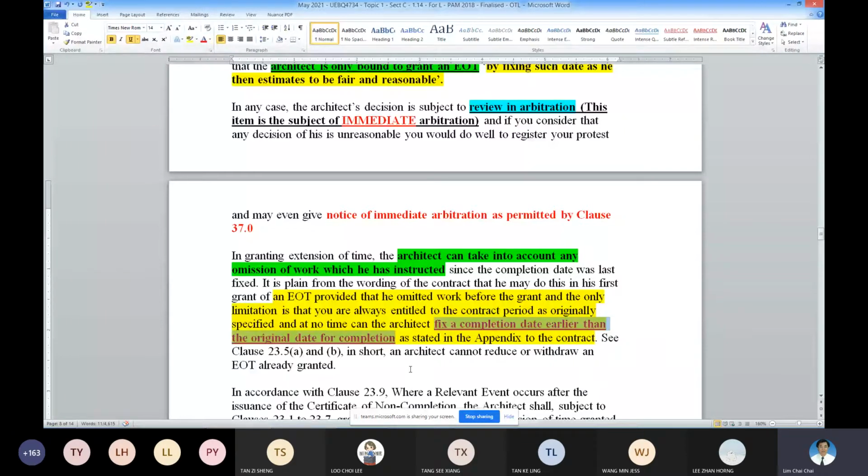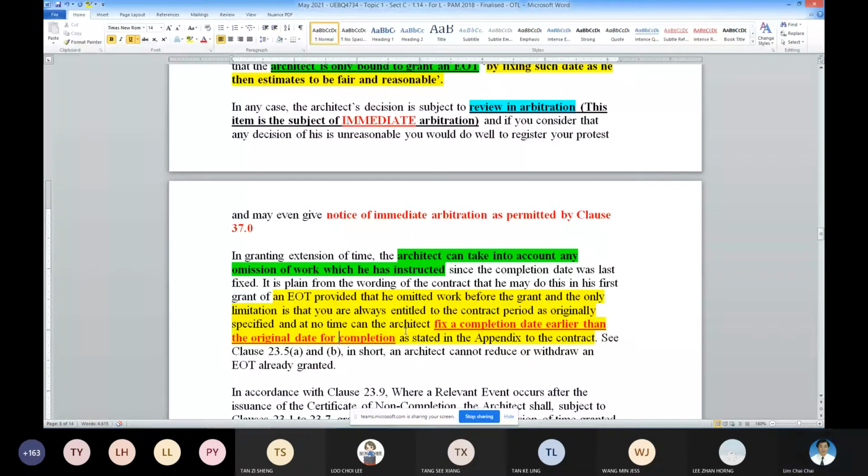Let's say it's another situation, okay? Omission work and addition work. So you can factor the two. The architect can do a so-called computation at the back of his mind or something objective in the evaluation. But no matter how, the omission cannot be more than the original contract duration.